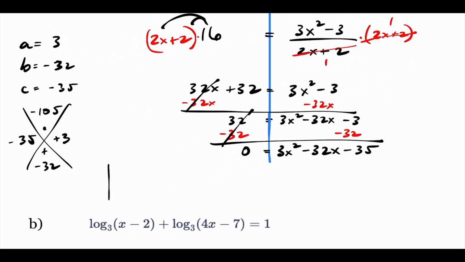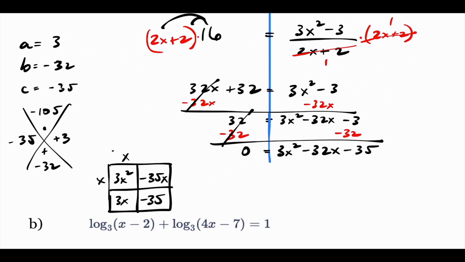Okay. Then we go to our multiplication box. We say 3x to the second power minus 35x plus 3x minus 35. Okay, so we're going to get an x and an x, and then this is going to be 3, and this is going to be positive 1 and negative 35.